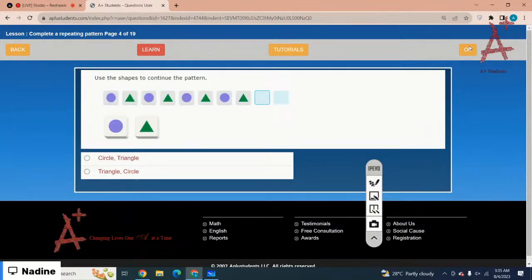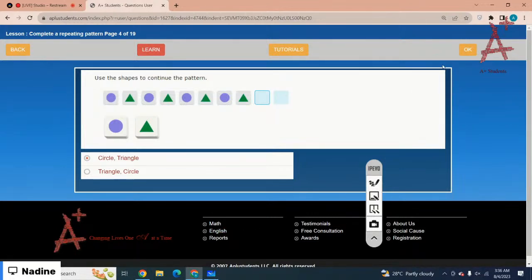Use the shapes to continue the pattern. So which is the correct one? The correct option is a circle and a square triangle.